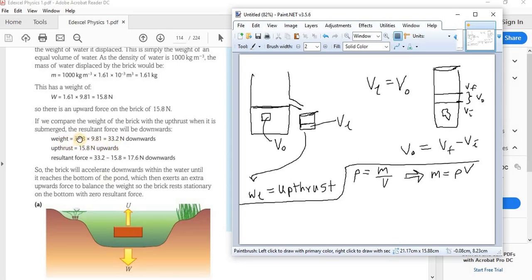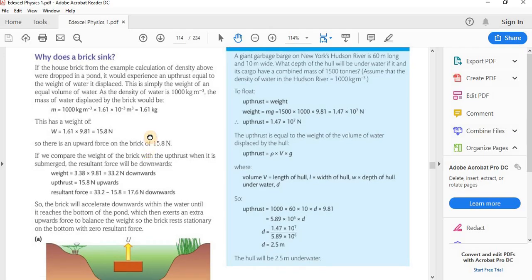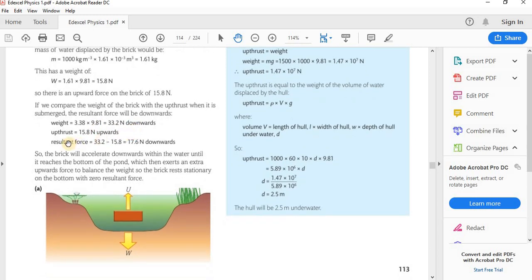The weight of the brick is the mass of the brick times the gravitational field strength. So you get this one, the weight of the brick. Then the upthrust is what we calculated here, which is 15.8. And you can see the upthrust is less than the weight. This force here is less than the weight force here. So what will happen is the brick will sink.